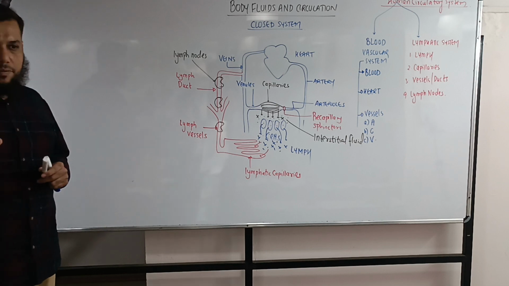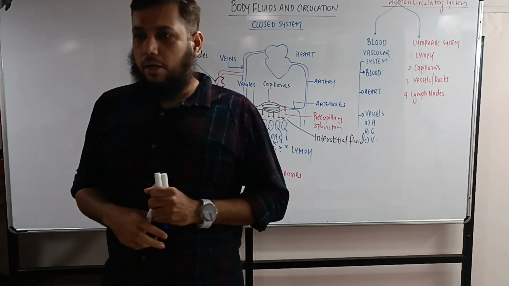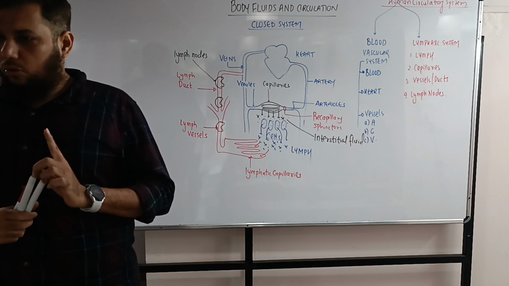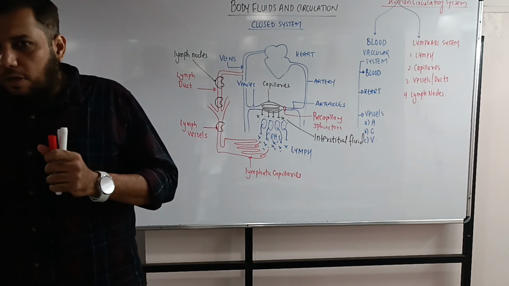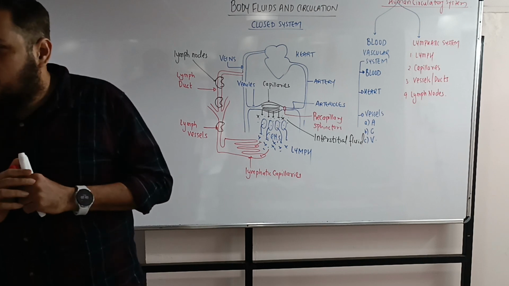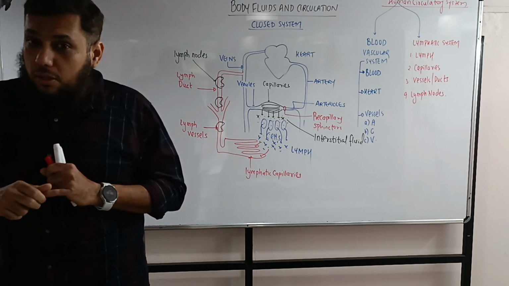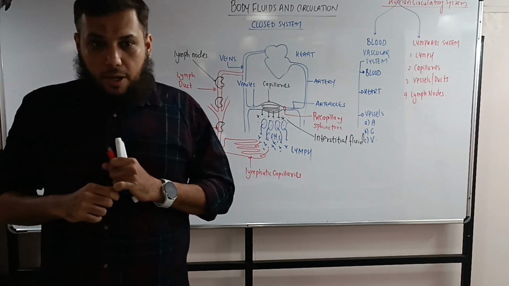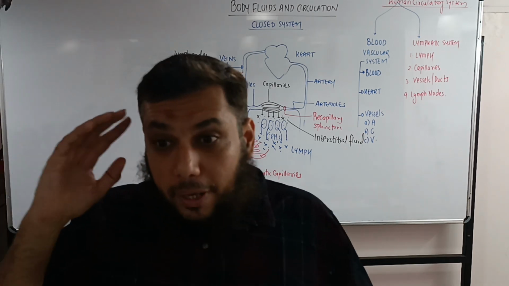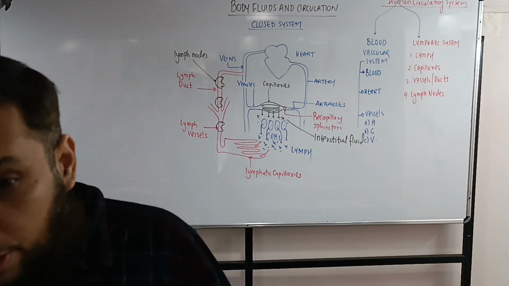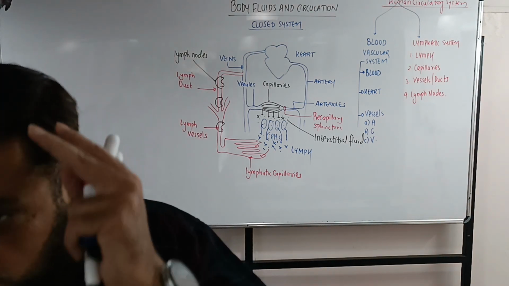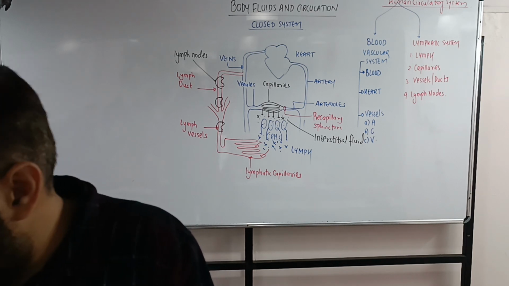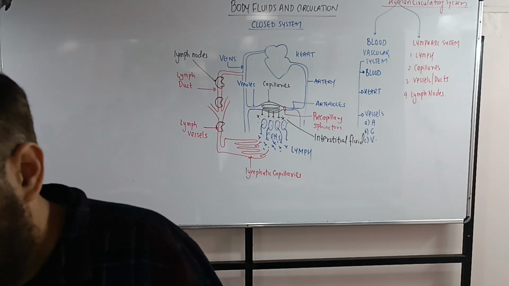Okay? So when we say human circulatory system, what should come to your mind? First of all, open or closed? Closed. So is the blood going to leak out of the blood vessels? No. And what if it leaks out? You will say it is hemorrhage. So you have brain hemorrhage. Why do you say brain hemorrhage? Because inside the brain there are thousands of smaller blood vessels carrying blood.